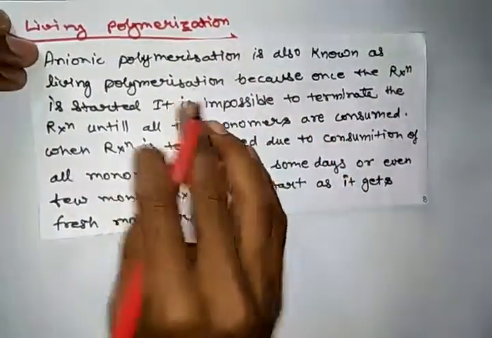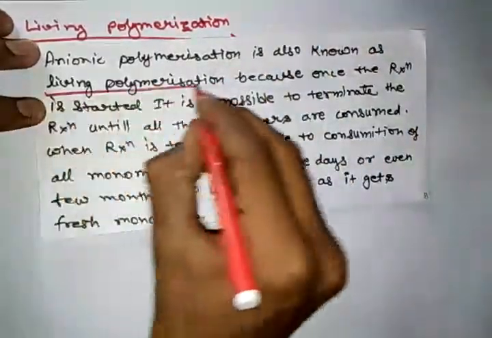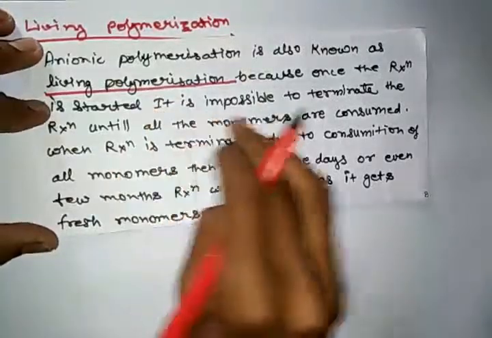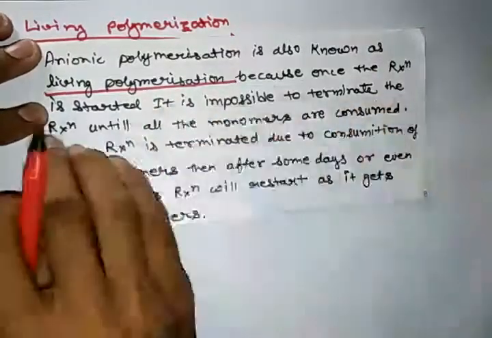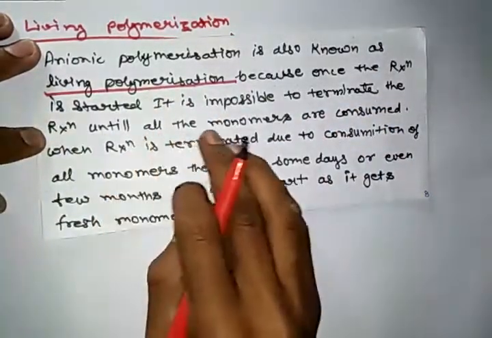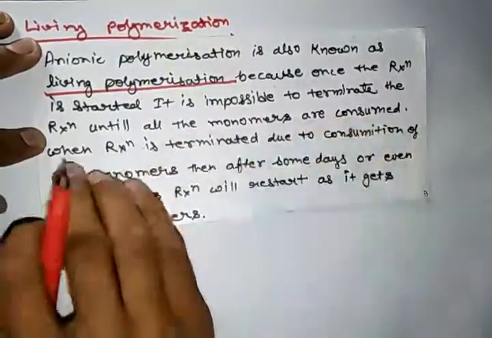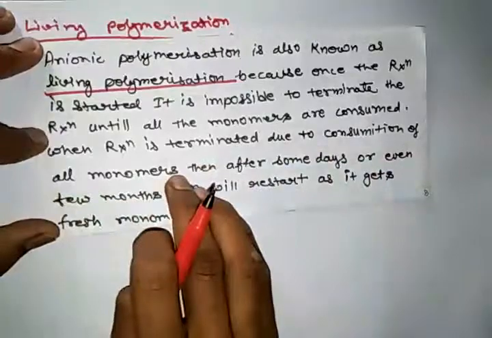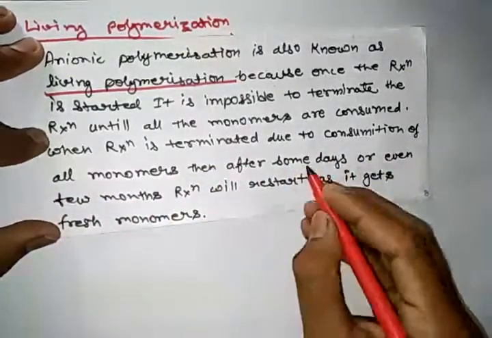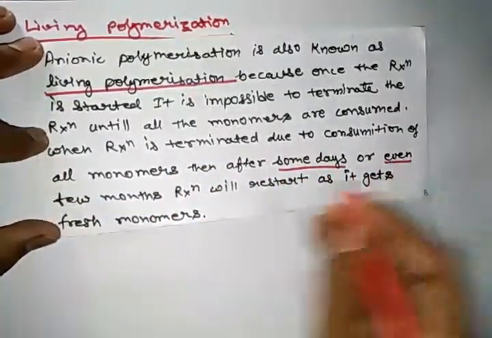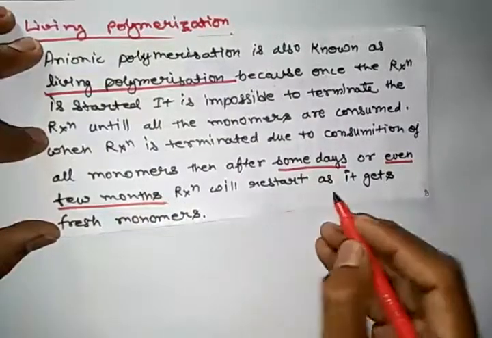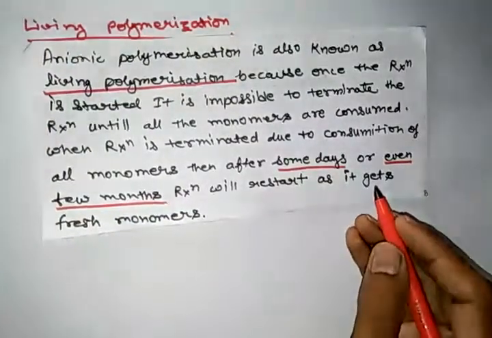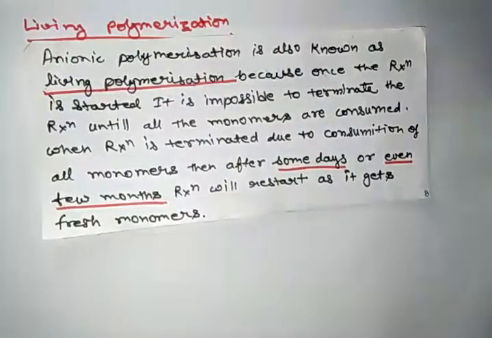Anionic polymerization is also known as living polymerization because once the reaction is started, it is impossible to terminate the reactions until all the monomers are consumed. When the reaction is terminated due to consumption of all monomers, then after some days or even some months, the reaction will start as it gets fresh monomers. Meaning the reaction can't be terminated.